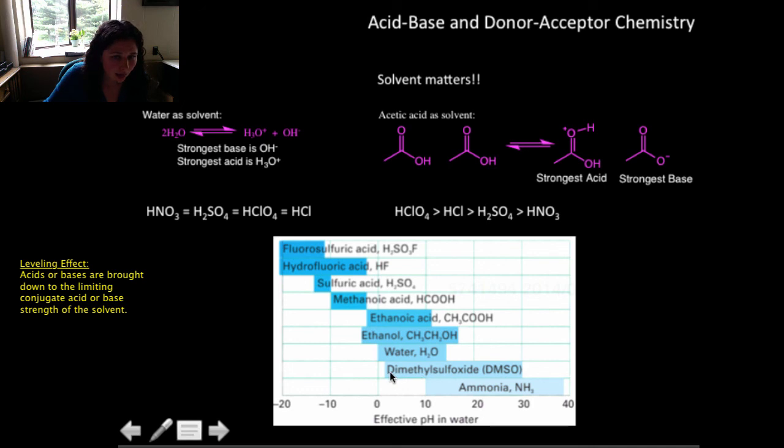Dimethyl sulfoxide, DMSO, is a really good solvent for determining pKa's of acids in a broad range. You can see that this has one of the broadest ranges of the solvents shown here. But again, the leveling effect is where acids or bases are brought down to the limiting conjugate acid or base of the solvent. And this can really affect how your acids and bases are behaving.